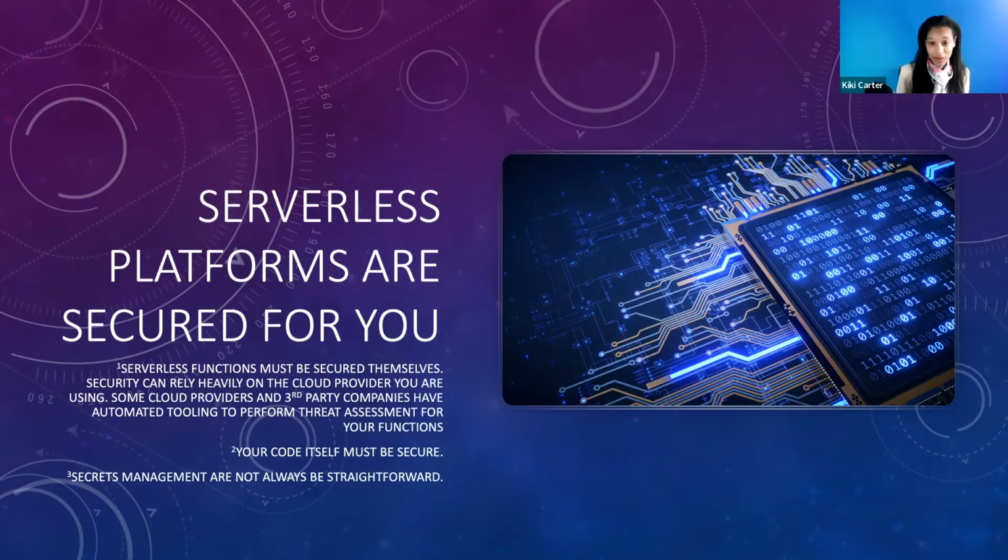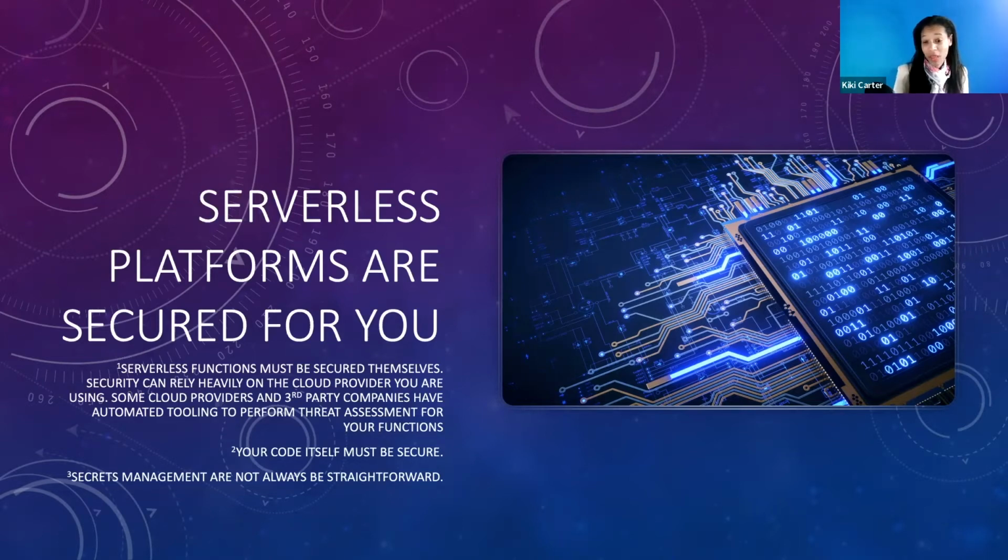And again, that depends on what the cloud provider offers you to secure. You have to understand what threats are present for you. Some third-party companies have tooling that will allow you to perform threat assessment of your functions or your applications. Your code itself must still be secure. So you can't say, oh, security out the window, it's serverless, so I don't have to think about security.